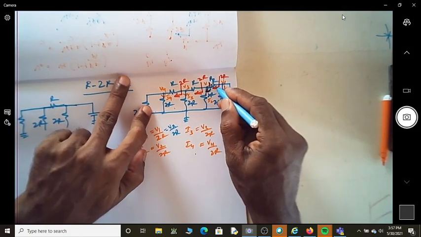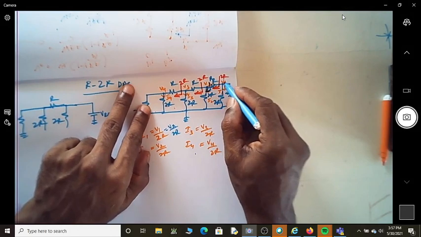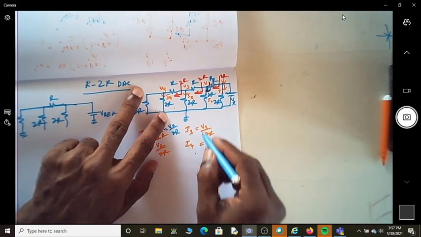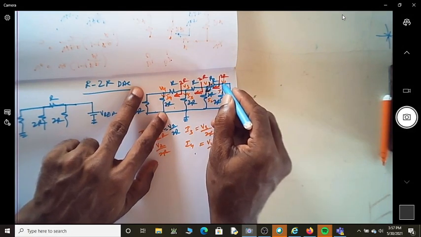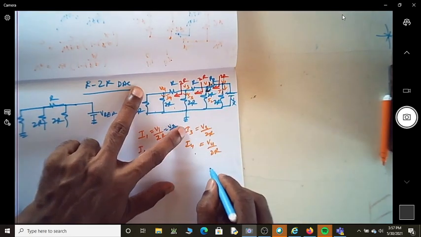From here it is 2R. So if you look at this point, is it actually only R? So I have a voltage Vx here. So you have an equivalent. Okay, I want to know what is voltage V2. It's actually you have a Vx voltage here, and you have a resistor R, and you have an effective resistance R here.